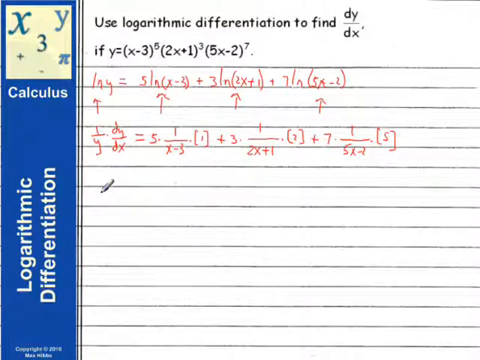So we ought to be able to go in here and clean up this right side a little bit. We have 1 over y times dy dx is equal to, well, here this becomes 5 over x minus 3. Here 3 times 2 is 6, so it becomes 6 over 2x plus 1. And here 7 times 5, it becomes 35 over 5x minus 2.